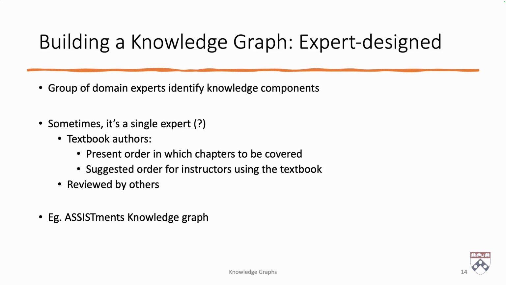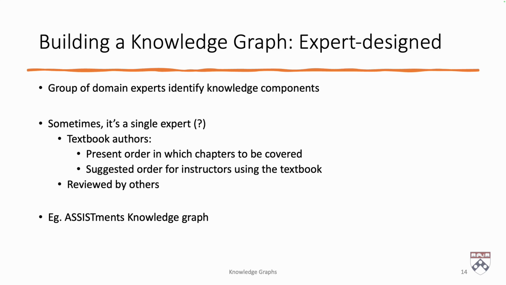Now, it's not only in learning management systems where you find knowledge graphs of that nature. In typical textbooks, you'll notice that an author would come up with his own set of topics or chapters in a textbook. The chapters can be looked at as a very high level knowledge component.